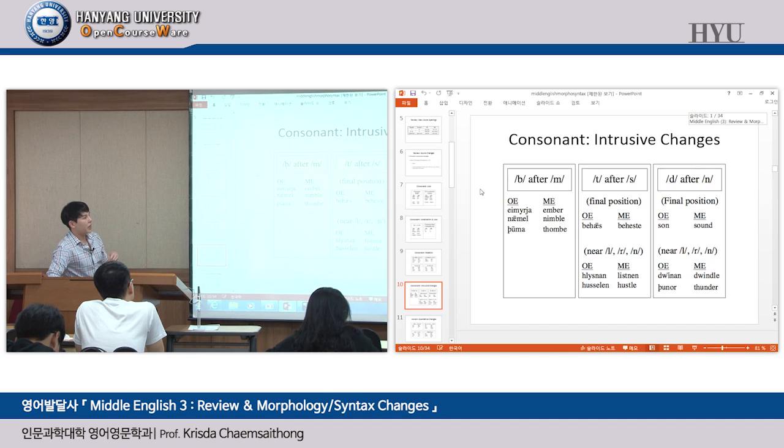And then T after S, and then D after N. Notice that they share the same place of articulation: T and S are alveolar, D and N alveolar also, right? And this reflects in the spelling also. When you put in the B after the M, T after the S, D after the N, they will reflect on the spelling system also, right?